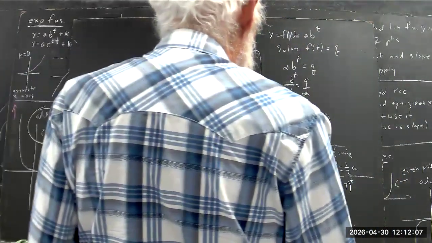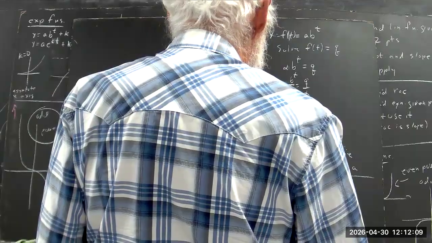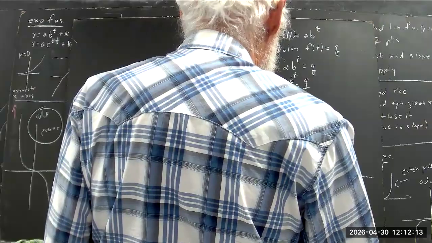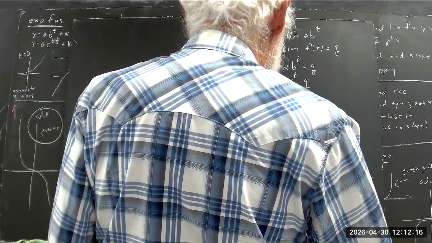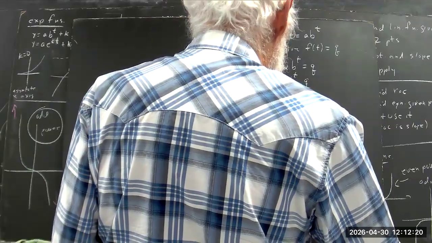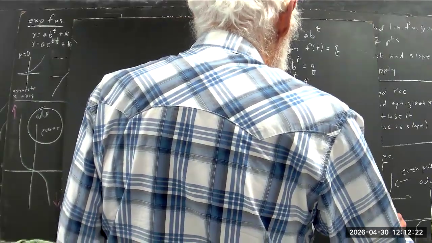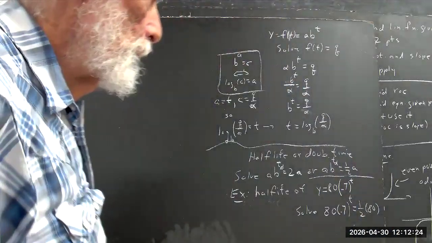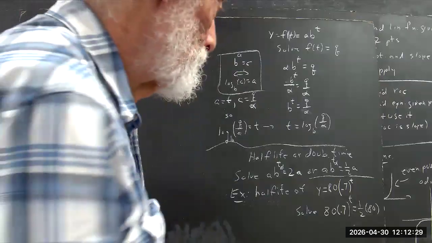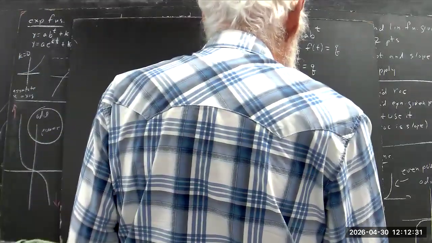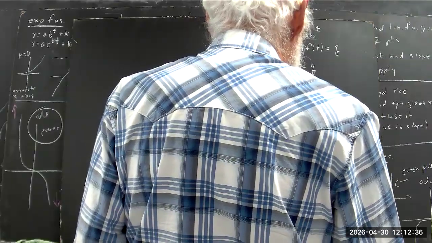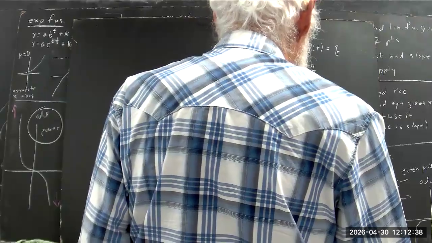So 80 times 0.7 to the t equals half of 80. That gives you 80 times 0.7 to the t equals 40.